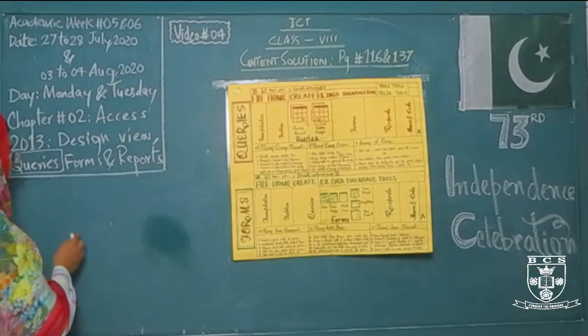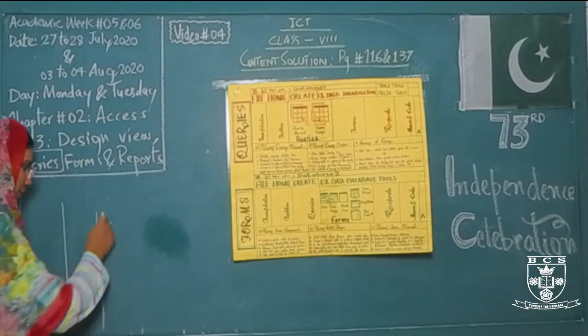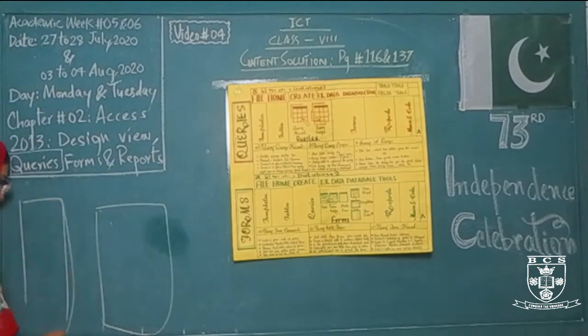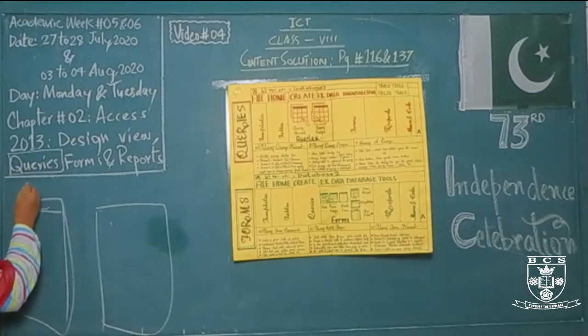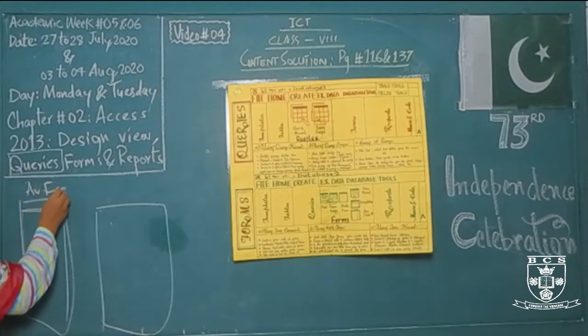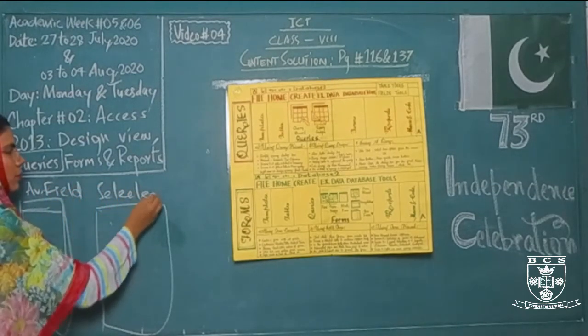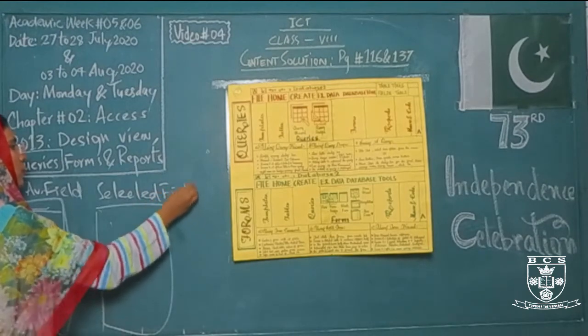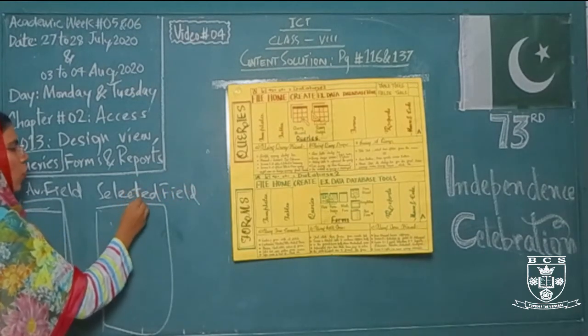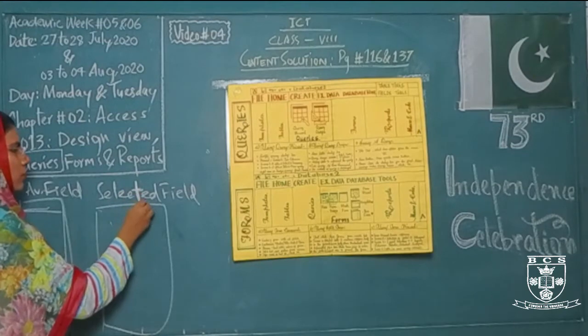There are 2 different columns: one represents the available fields, and the other represents the selected fields.